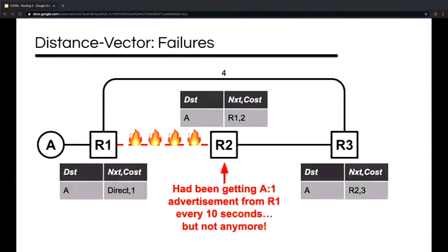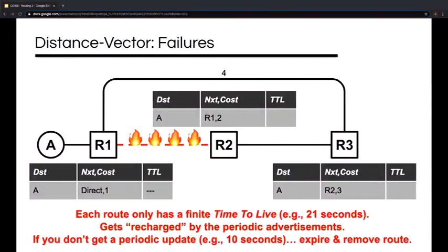And so the idea is that we can add another field to this table, a time to live. And basically say a given route only lives for a certain amount of time, right? And so that number, when you get the route, it just counts down. But every time you get an advertisement for the same route, you just charge it back up, right? So every time a neighbor advertises it to you, maybe you say that it's 21 seconds.